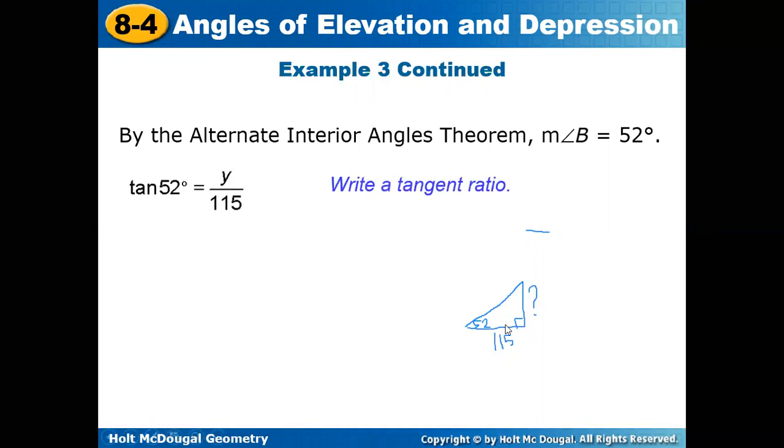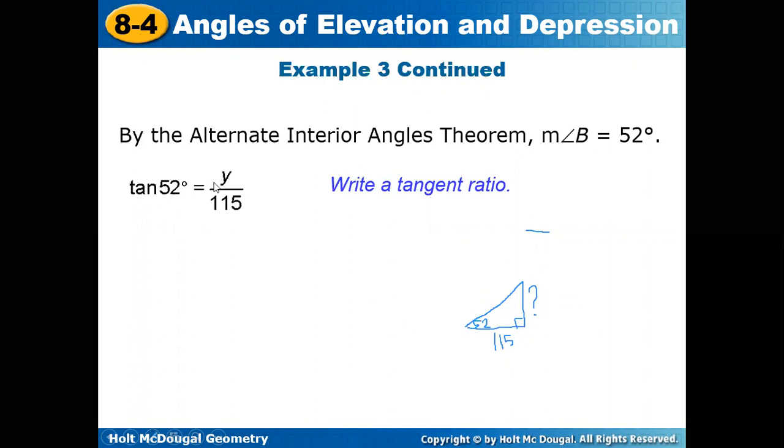You know that the given side, 115, represents the adjacent leg, and the required side is the opposite. So we will write tangent of the angle 52 is O over A. Remember TOA.